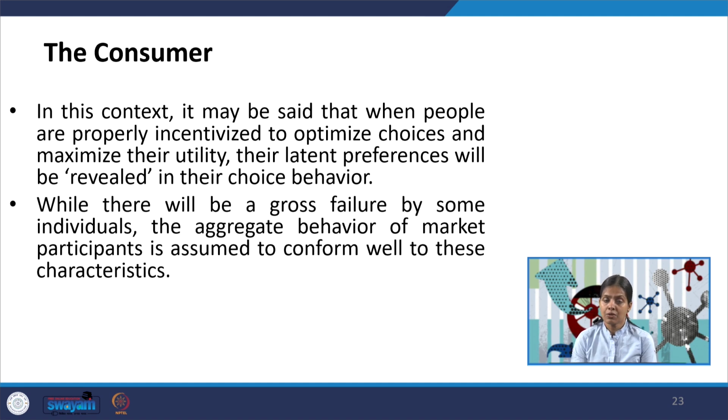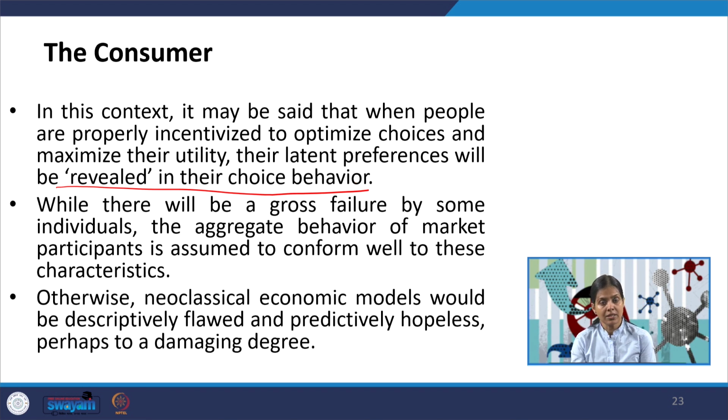While there will be a gross failure by some individuals, the aggregate behavior of market participants is assumed to conform well to these characteristics. From this idea, the theory of revealed preferences came into existence. Otherwise, neoclassical economic models would be descriptively flawed and predictably hopeless, perhaps to a damaging degree.